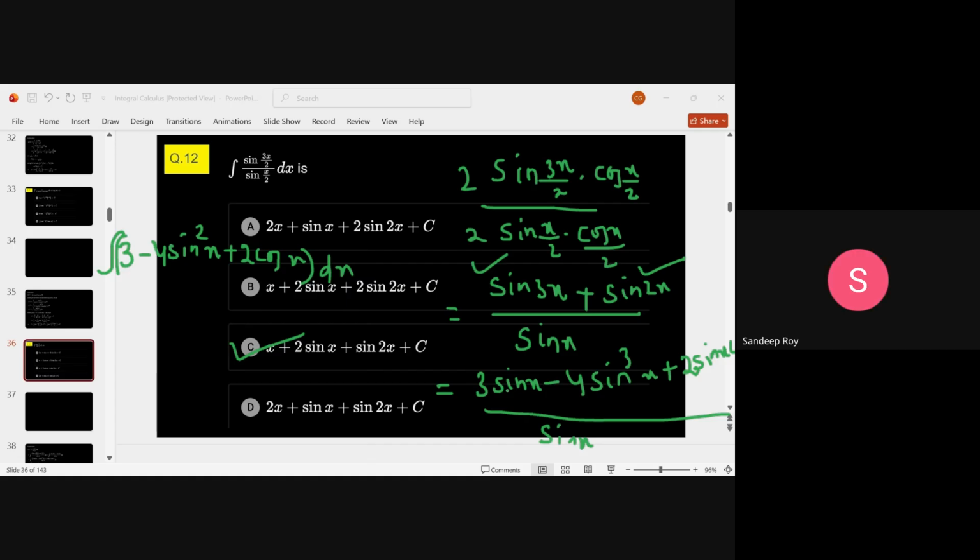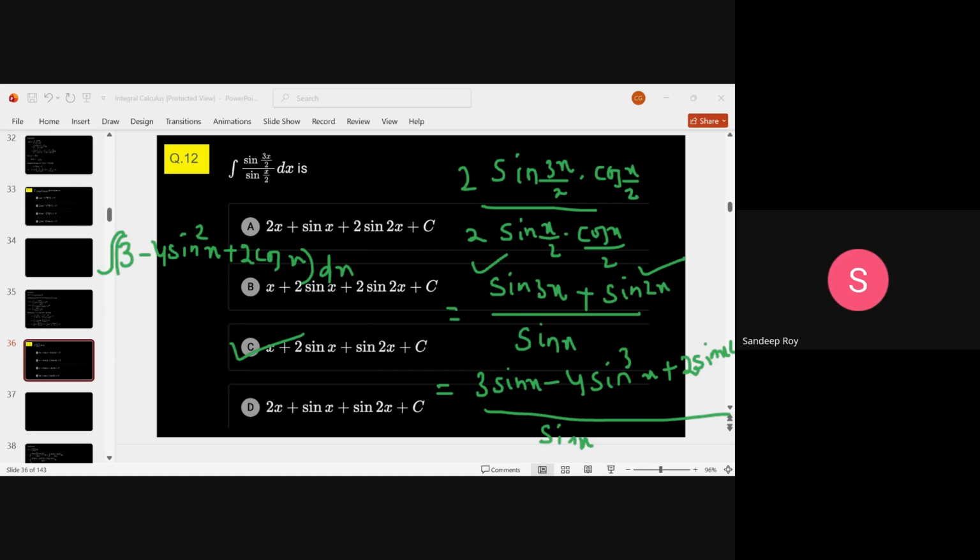Sir, how do we get sine 3x? It shouldn't be sine x plus sine 2x. Which step are you talking about? The 2 sine 3x by 2 cos x by 2. Can you repeat once? The second step should be sine x plus sine 2x.